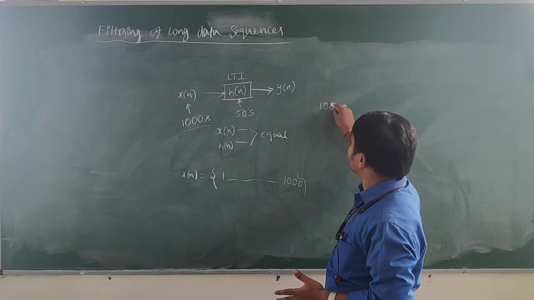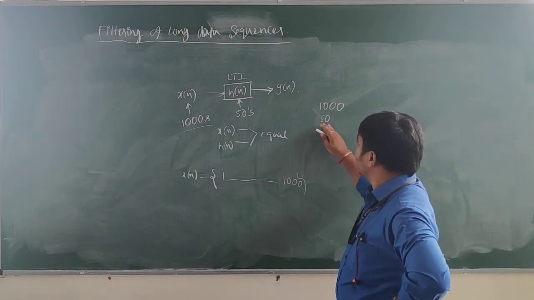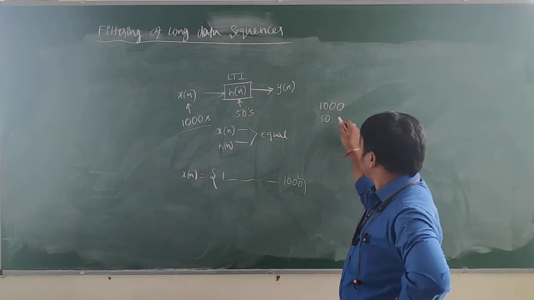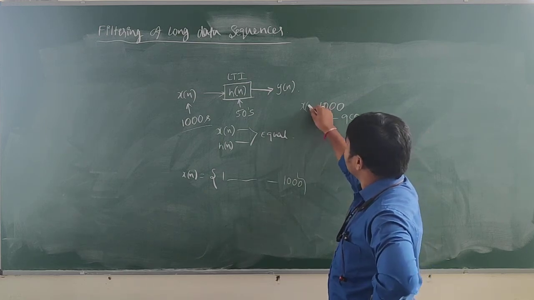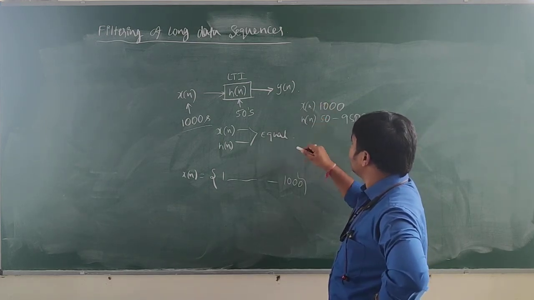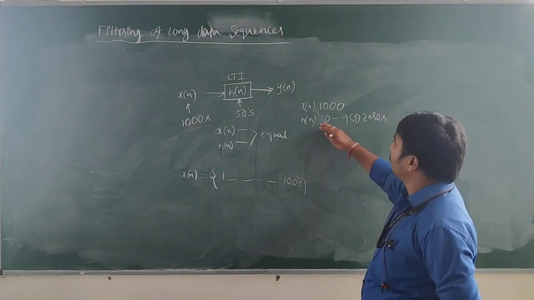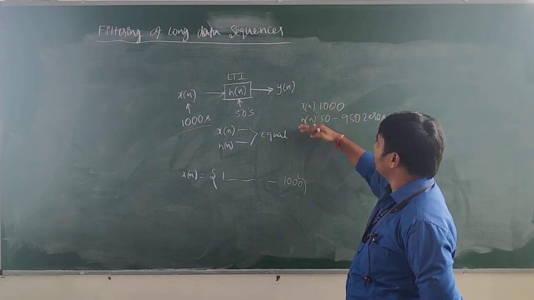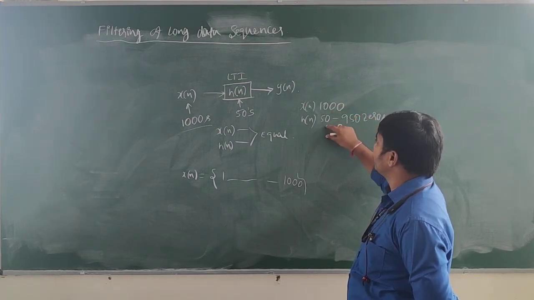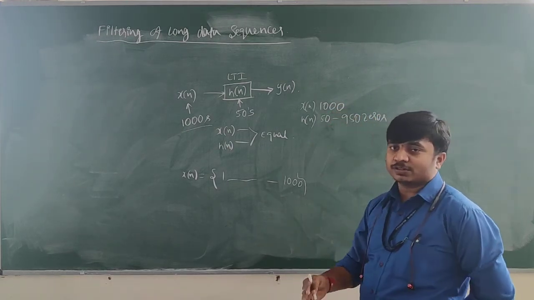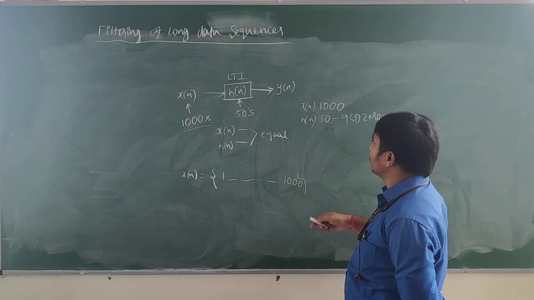If x of n is 1000 and h of n is 50, how many zeros do you need to add to make the lengths equal to 1000? You need to add 950 zeros. To obtain proper results I need to make the lengths of x of n and h of n equal, so if x of n is in the thousands and h of n in the 50s, you need to add many zeros.